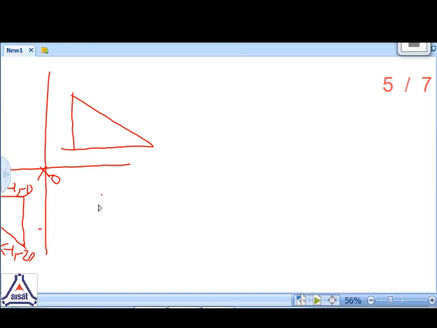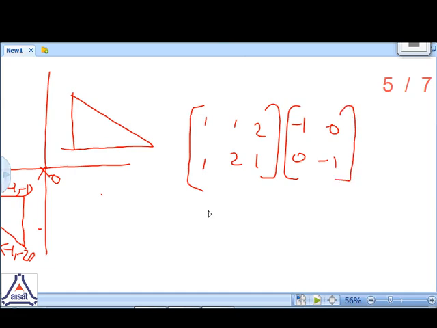That means we have to multiply the initial matrix, that is 1 1, 1 2, 2 1, with the reflection matrix minus 1, 0, 0, minus 1. The resultant will be an all negative matrix.